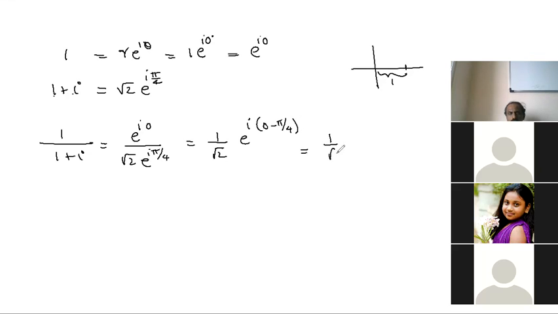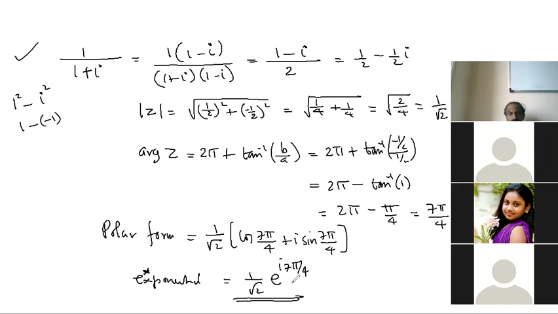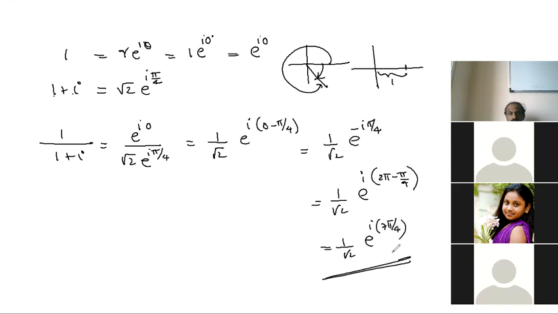So 1 by root 2 into e raised to minus i pi by 4, and minus pi by 4 means this angle, 2 pi minus pi by 4. That is 1 by root 2 e raised to i 7 pi by 4. You can do this mentally. Same answer you got.